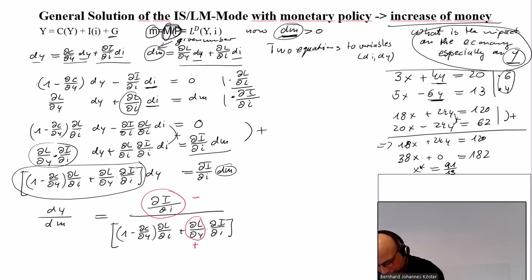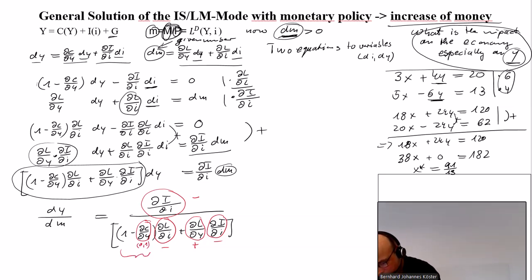Positive. Again, this we already have, negative. Money demand on interest rates, negative. Consumption on income, positive, and between 0 and 1.